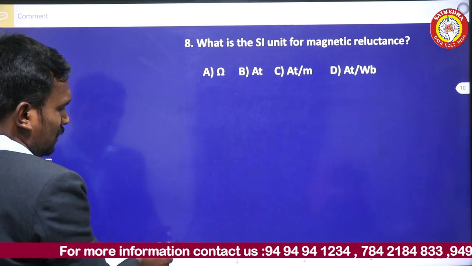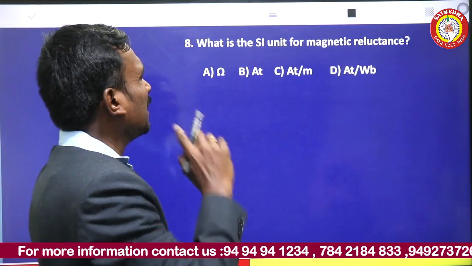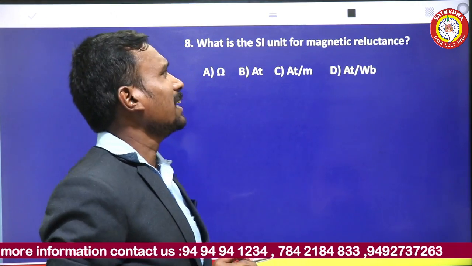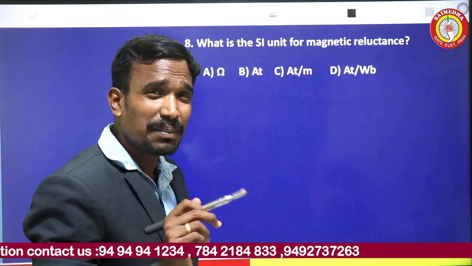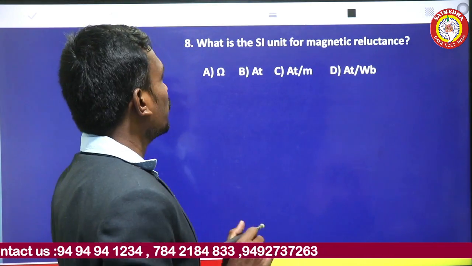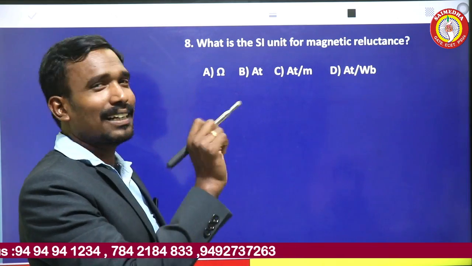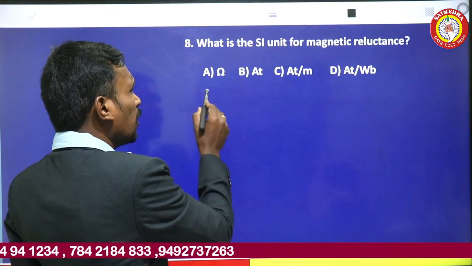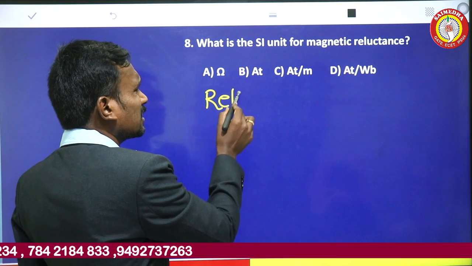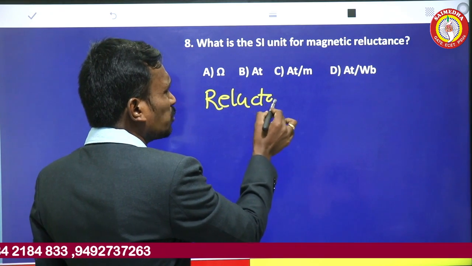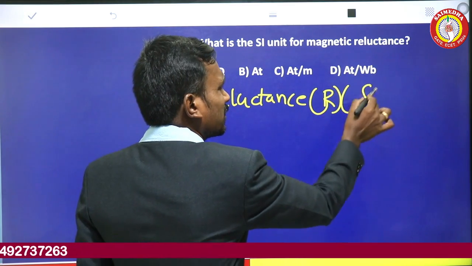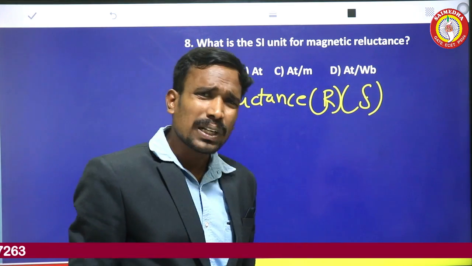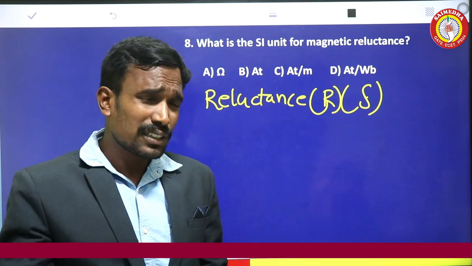What is the SI unit for magnetic reluctance? This is a typical question. SI unit for magnetic reluctance. First of all, what is reluctance? Generally this can be written as R or S. First of all, what is resistance?